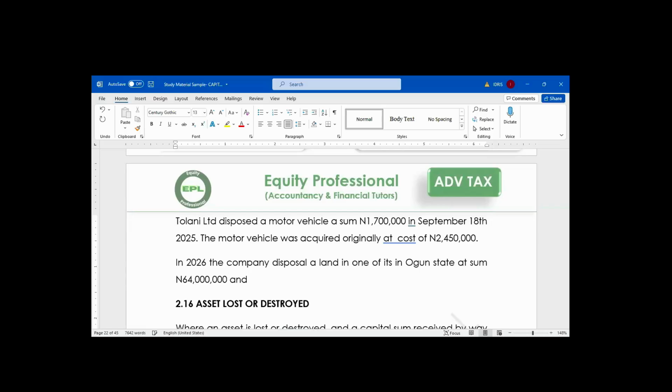And the estate agents charged 10% agency fee.